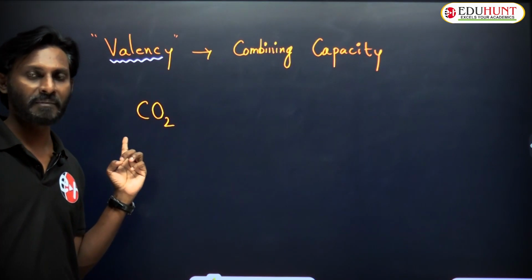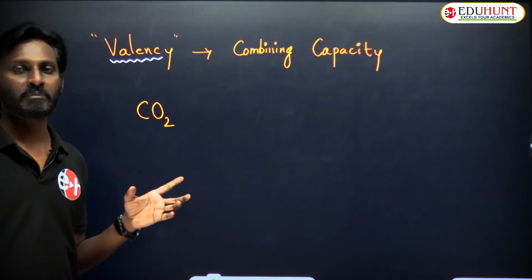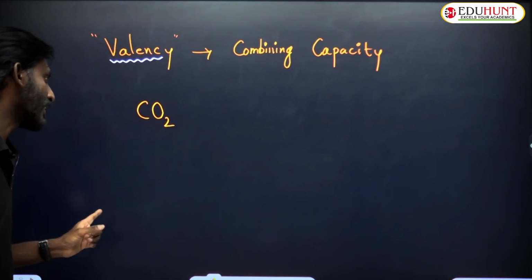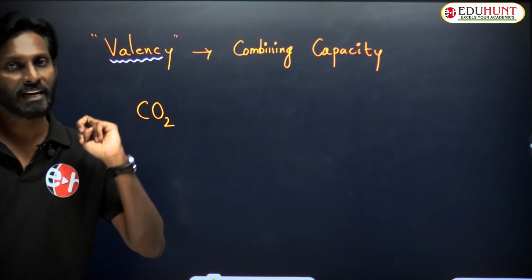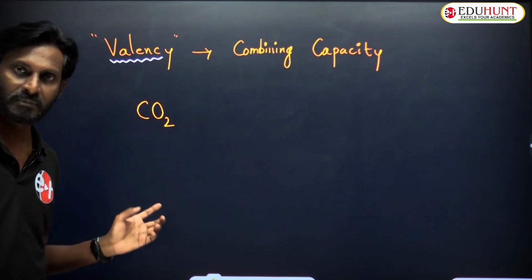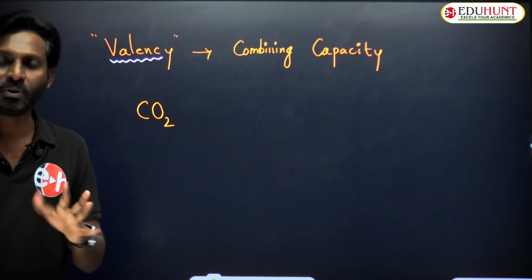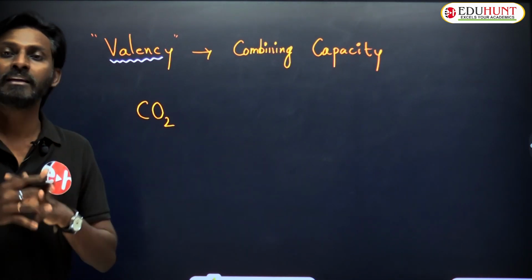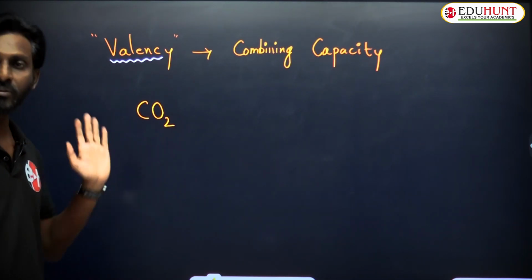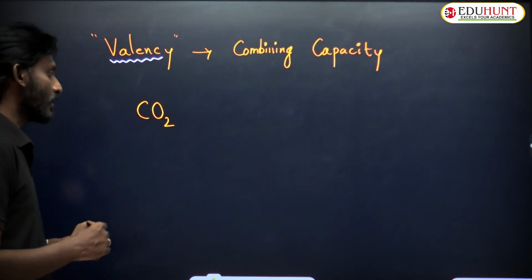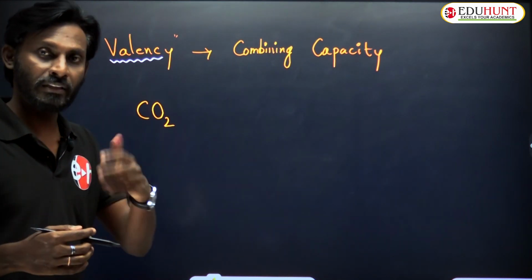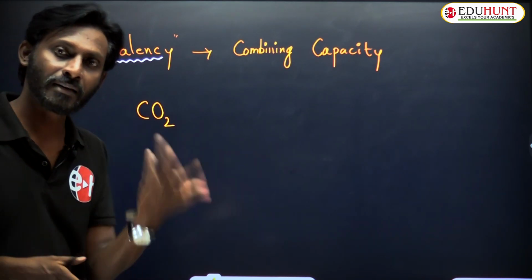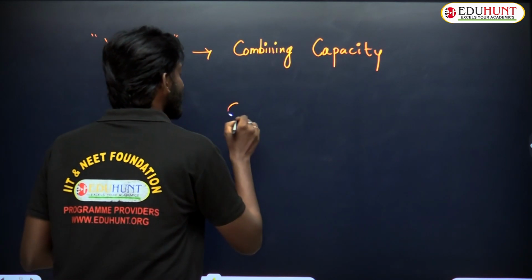So one carbon atom and two oxygen atoms. It is easily understandable that one carbon atom combined with two oxygen atoms. That means carbon and oxygen are combined in a 1:2 ratio.